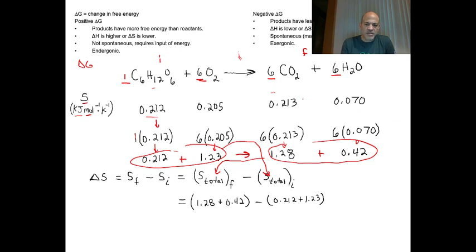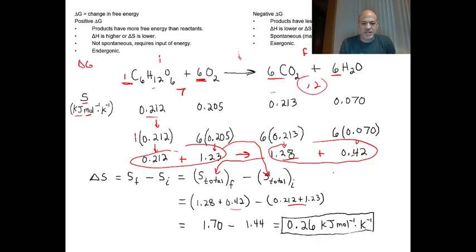And so I went ahead and did that. I substituted the numbers, 1.28 and 0.42, over here and over here, and I asked you to predict earlier whether we would get more or less disorder. If we get more disorder, it should be positive. We're predicting that because while we only have 7 units or particles over here, over here we have 12 total units, so this is more disorder, more pieces, right?